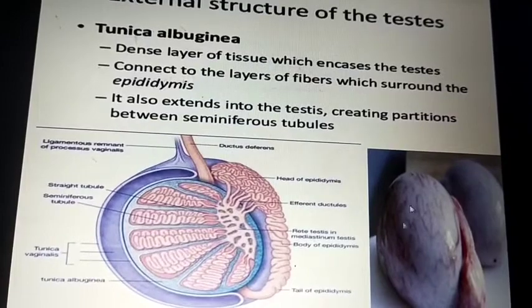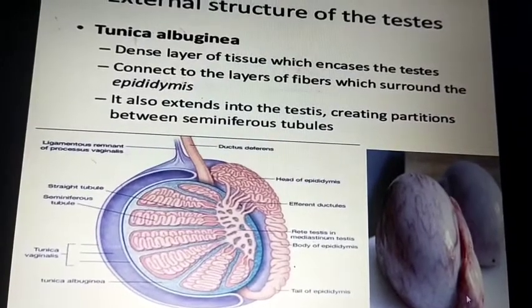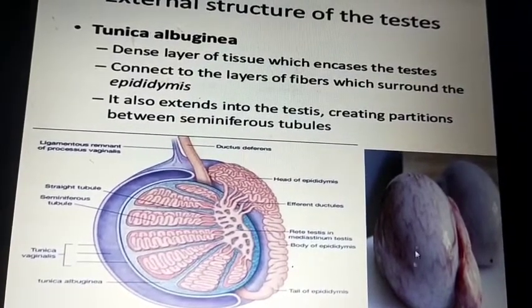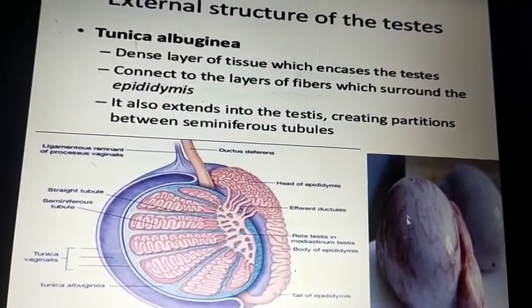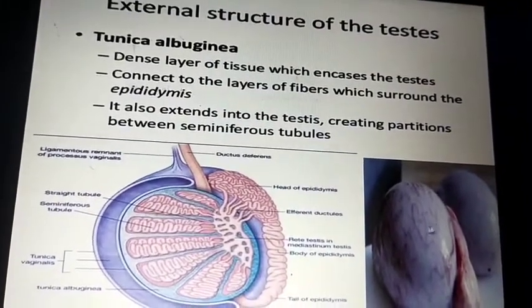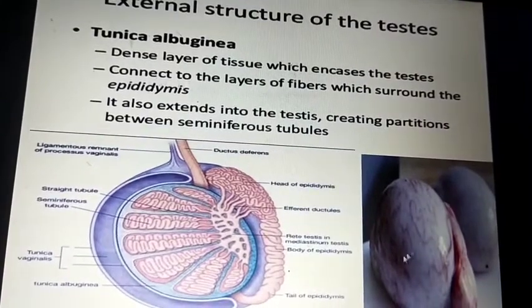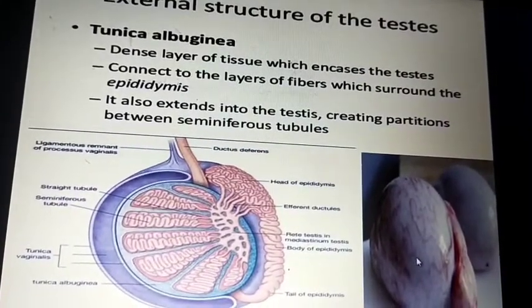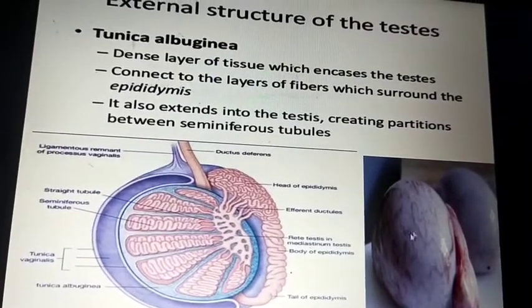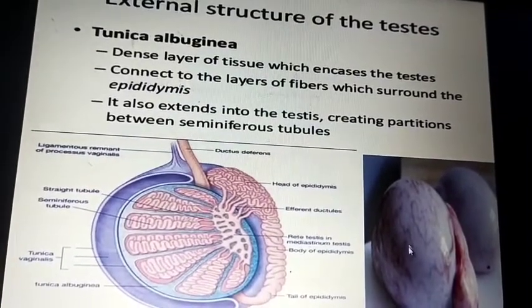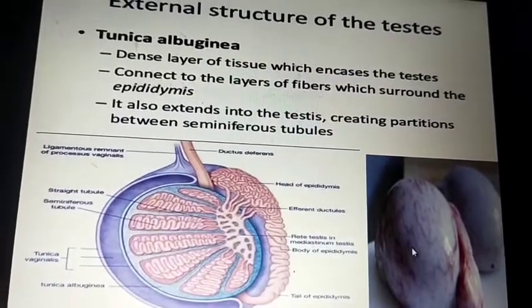This tunica albuginea is covered by the visceral layer of the tunica vaginalis. And this tunica albuginea layer is very firmly attached to the testis and encases the testis.